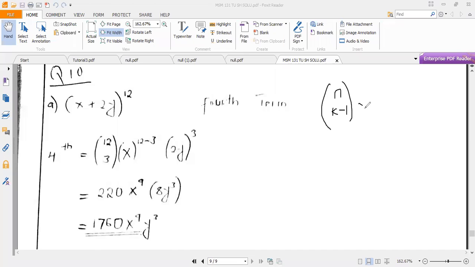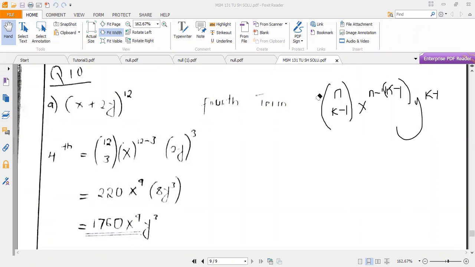Then x to the n minus k, you put them in brackets like that, k minus 1, y to the k minus 1. That is your formula, sir.